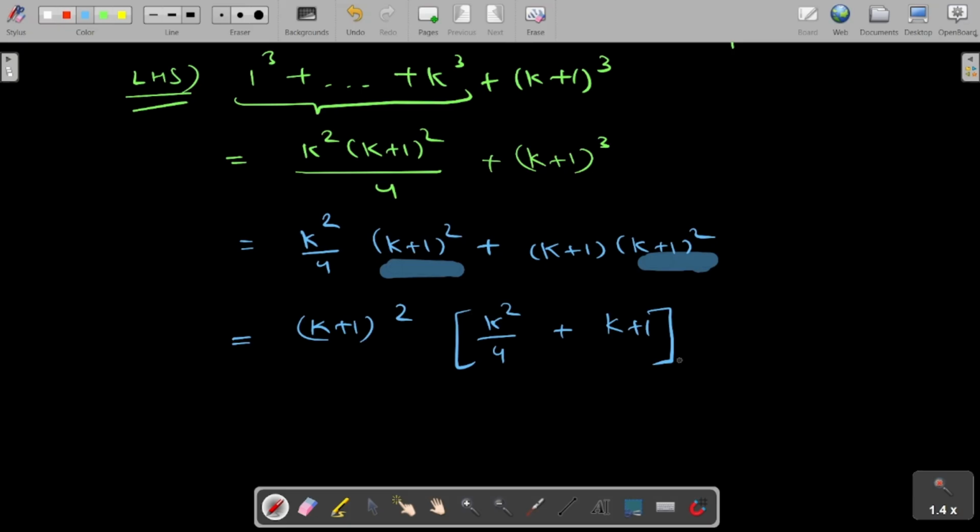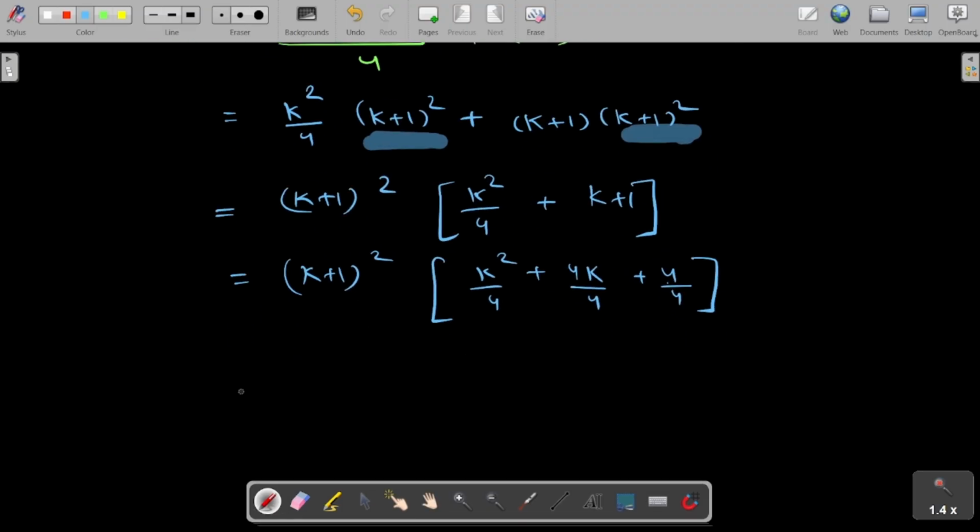Now let's make the denominators same and see what it gives us inside the brackets. So k square, I'll be multiplying up and down by 4. Here also up and down by 4. What it gives me? k plus 1 whole square, k square plus 4k plus 4 over 4.